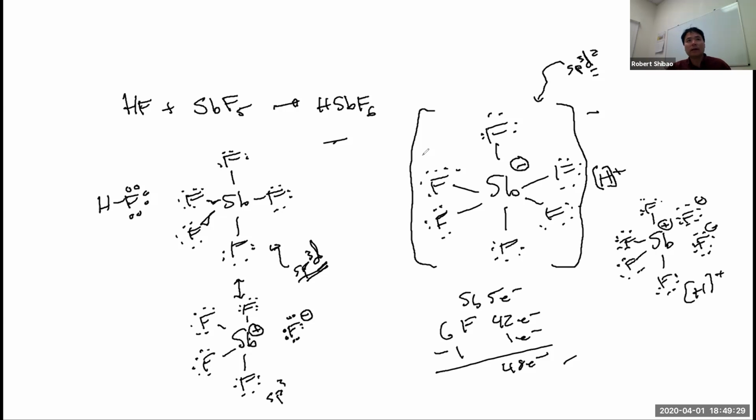In that case, this would be 3 single bonds, no lone pairs, so sp3, but it would be distorted. And then this would be 1, 2, 3, 4, 5, 6, sp3d2, something like that. It's just to get you thinking about this kind of stuff.